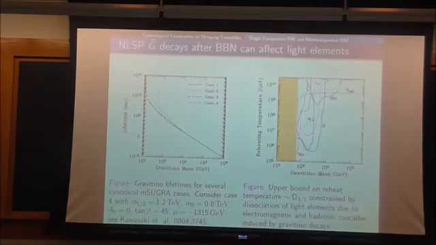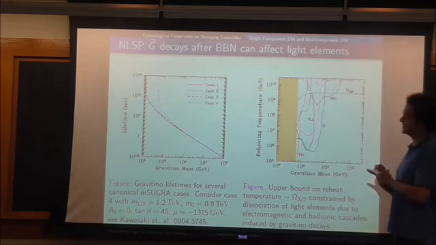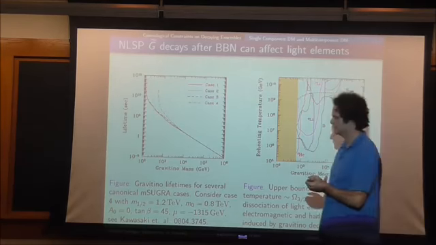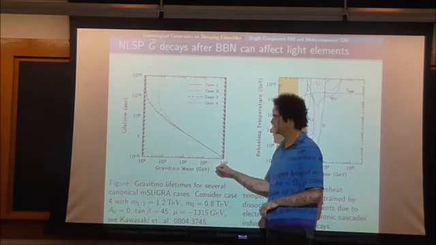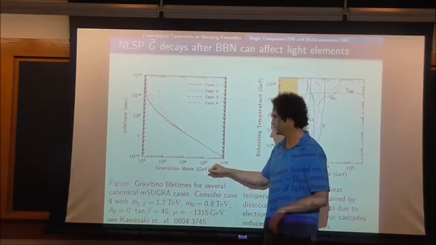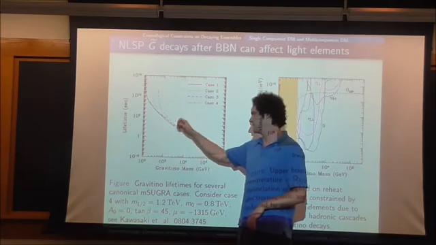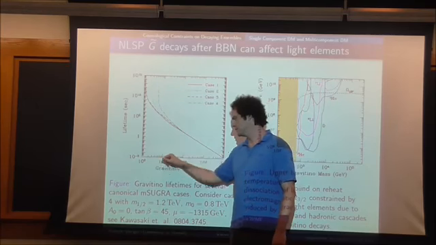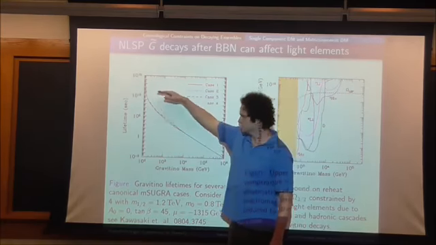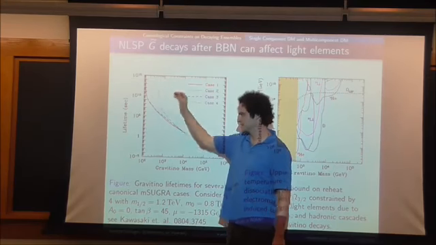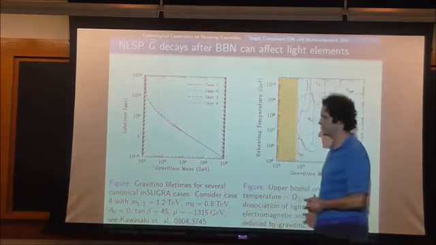Right. So in the MSSM case, again, these are just some canonical cases in the MSSM and mSUGRA. But if you look at your gravitino mass versus lifetime, if you get around the weak scale with your gravitino mass, this starts pushing your lifetime up past a few minutes, and you have to start caring about these constraints.